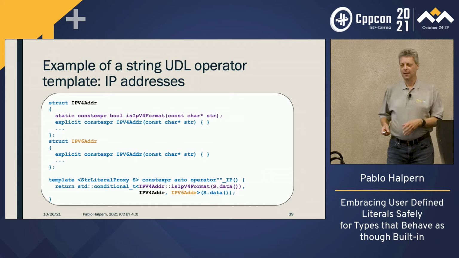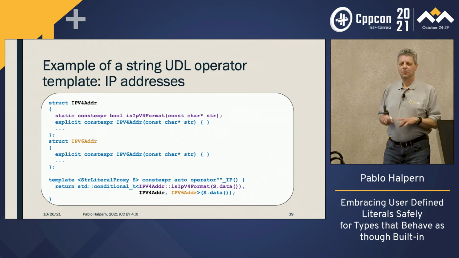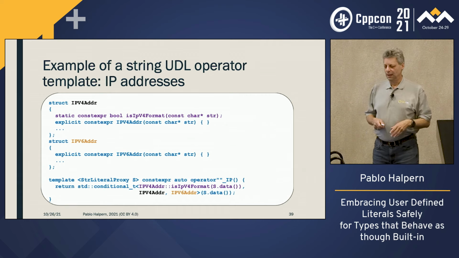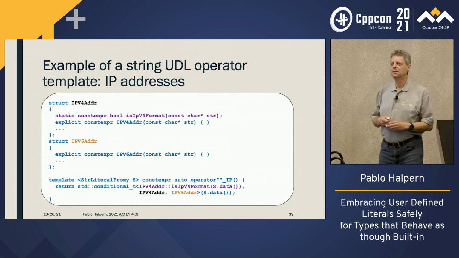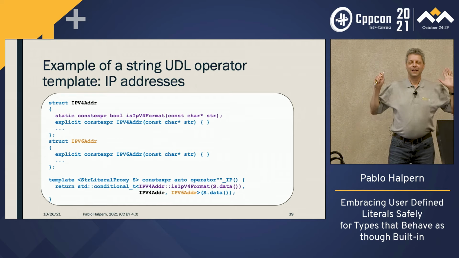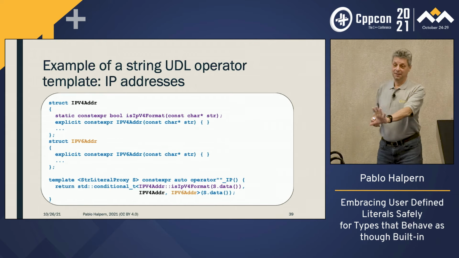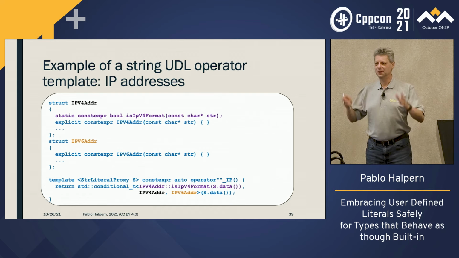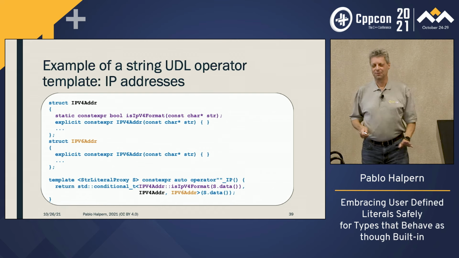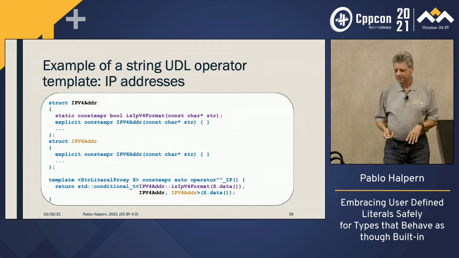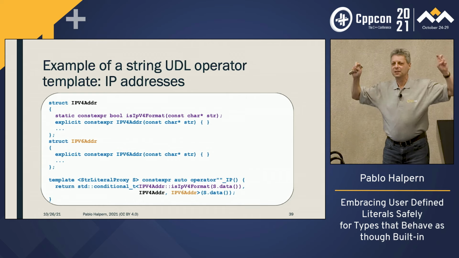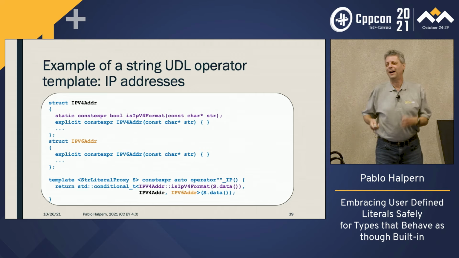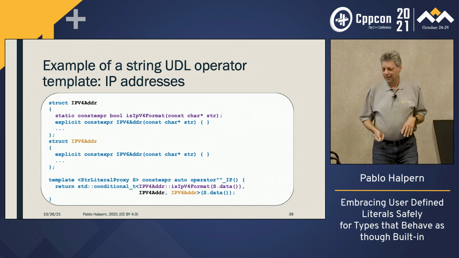By the way, I'm not writing the book anymore, so I can state my opinions. This is an example of something you should not do, right? I just don't see any reason in this particular example why you need to deduce the return type. Just have two different UDLs, make your life so much simpler. One for v4, one for v6. Because remember, you are writing the string directly in your code. You know what you are writing, so why do you need it to deduce that?